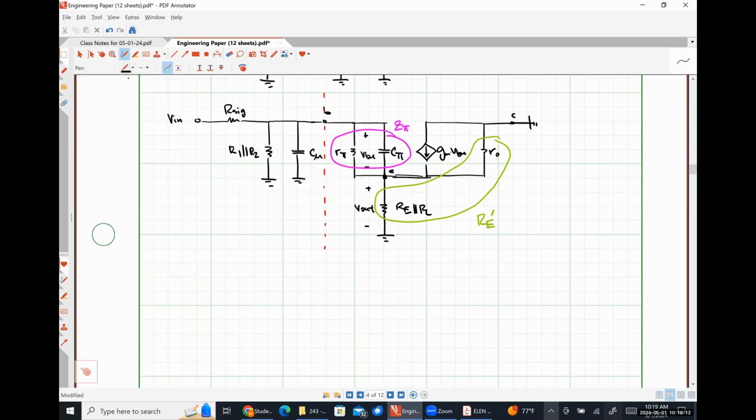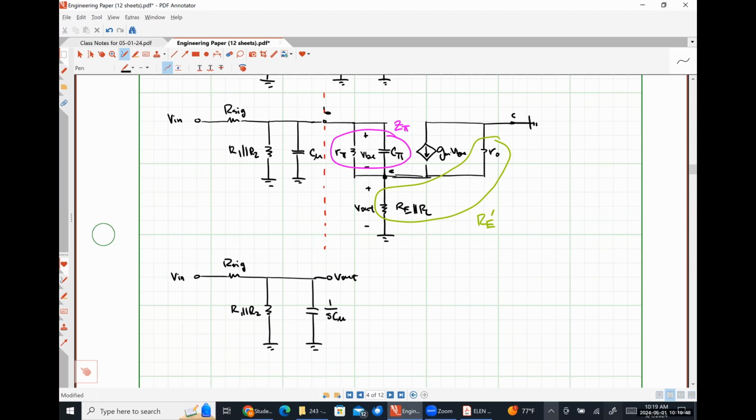So let's look at that stage to the left of the dashed red line, right? So we have Vn, R sig, R1 in parallel with R2, 1 over S C mu.